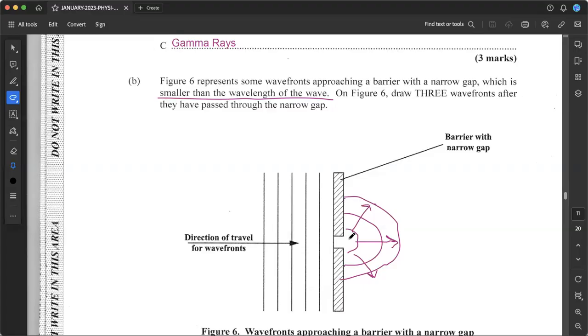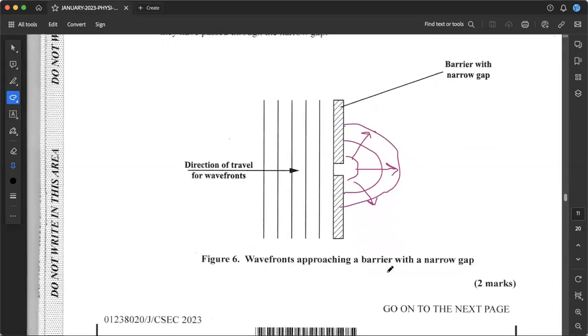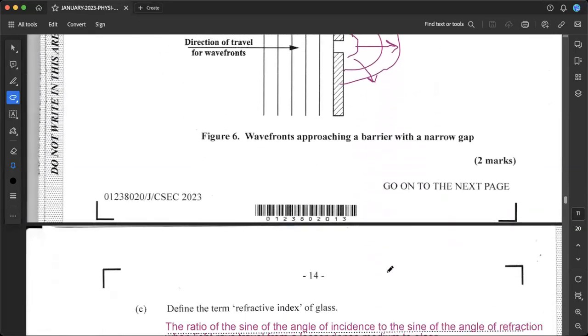So diffraction will take place, right? And remember that when you look at the wavelength of the wavefront in comparison to the width of the gap, that will determine the extent to which it is diffracted. Because this is a small gap, we see that there's a large diffraction taking place here. And so those waves just spread out, and we're showing 3 of them, as the question asked. And so that's for 2 marks. So we're good and we're moving along.